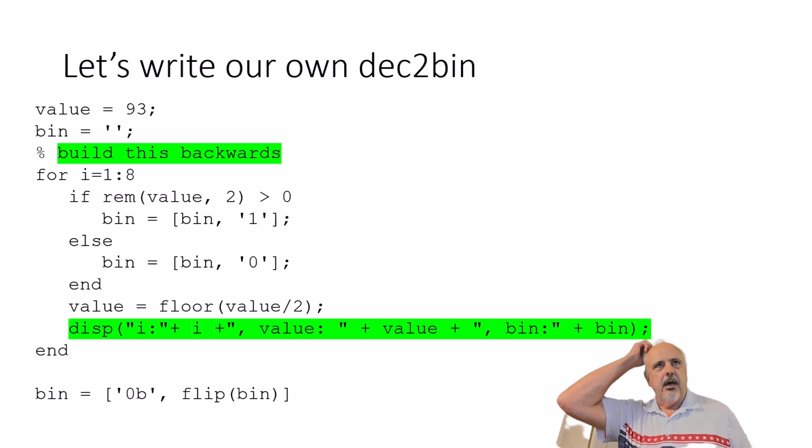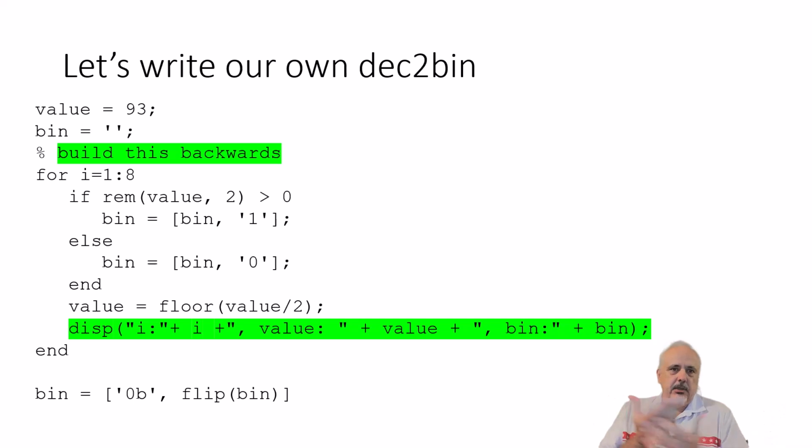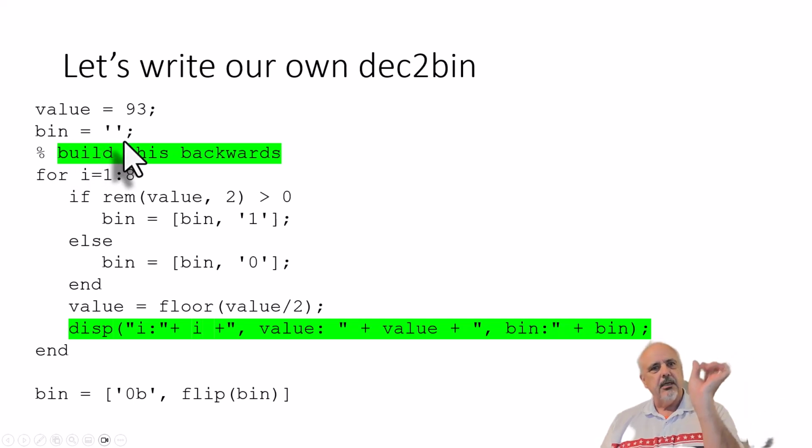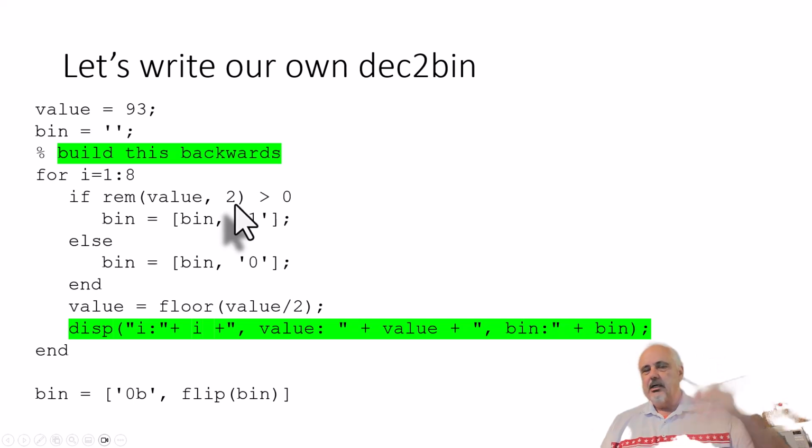Okay, so we could write our own decimal to binary function, and I build it similarly. I'll build it backwards. I'll start with my value, and I'll start with my binary character string as empty. The tick tick means there's nothing in it. I'm going to go from I equals 1 to 8, and do the remainder of the value divided by 2. That's going to be either 0 or 1.